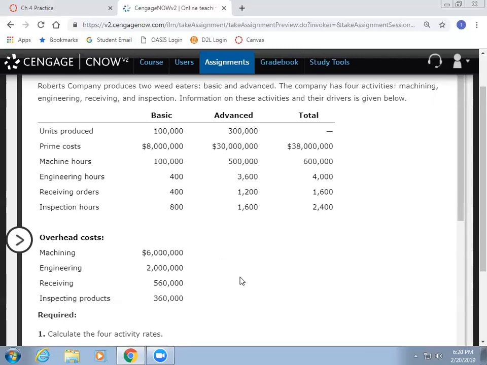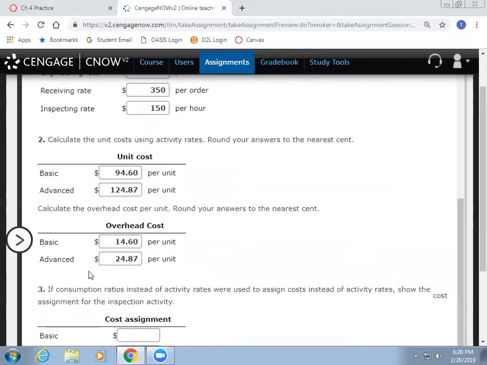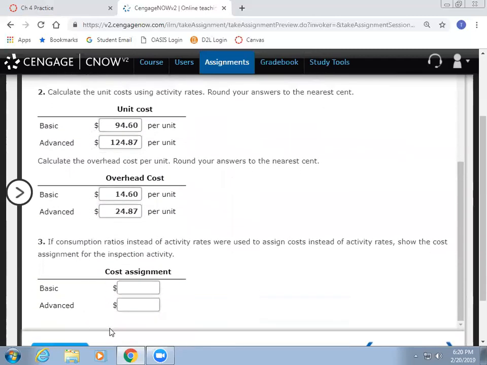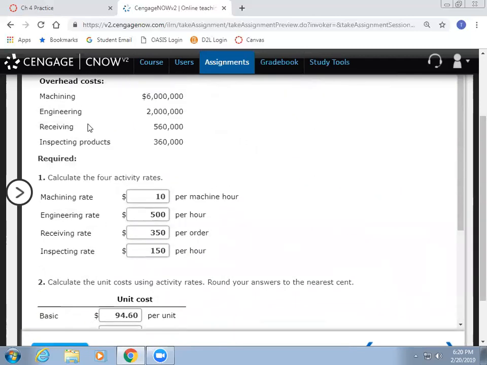So basic uses 1/3 of the inspection hours, advanced uses 2/3. So when you're calculating the cost assignment, you would just take the total cost of inspection, 360,000, and multiply by 1/3 for the basic, and 2/3 for the advanced.